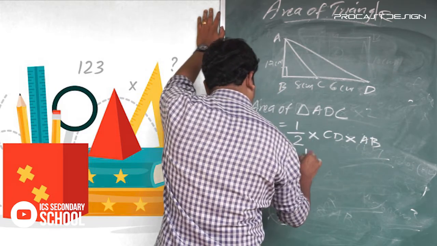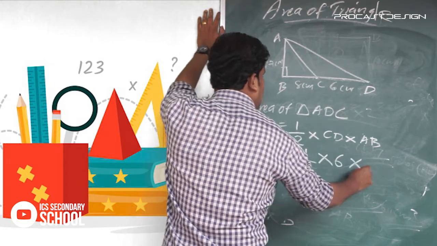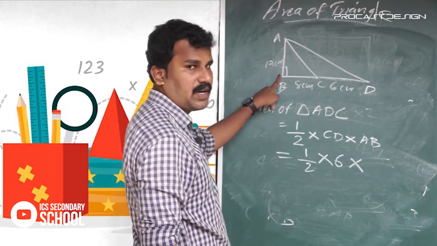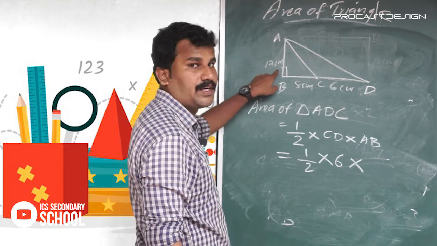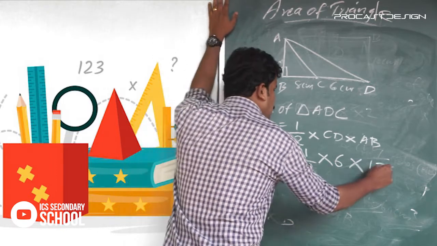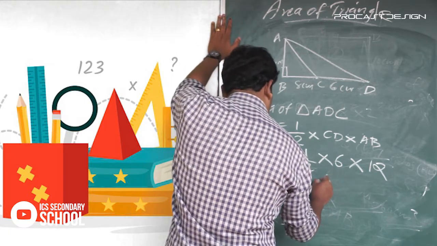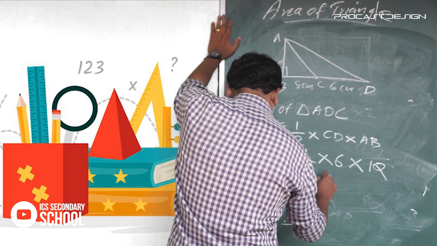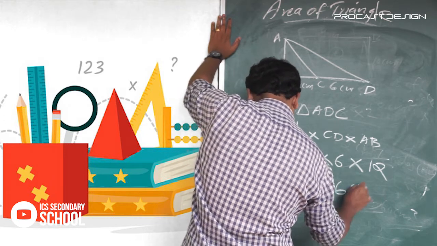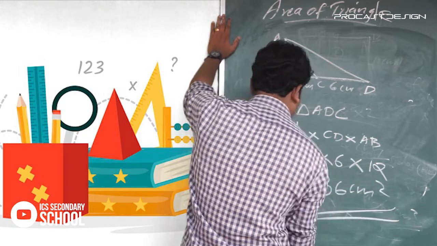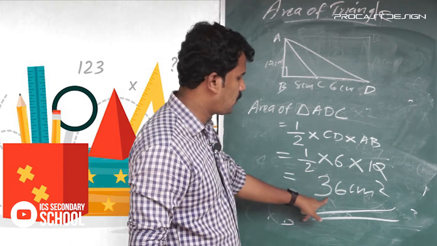That is half into CD, one side we got 6, into AB, that is 12 centimeter. Half into 6 into 12 is equal to the area of triangle ADC, 36 centimeter square. 12 into 6 means 72 by 2, that is equal to 36.